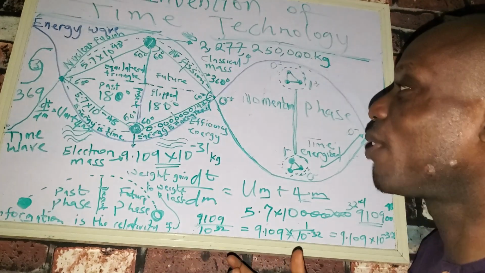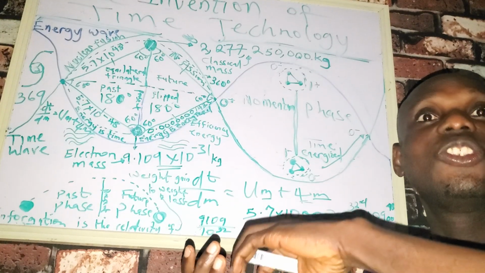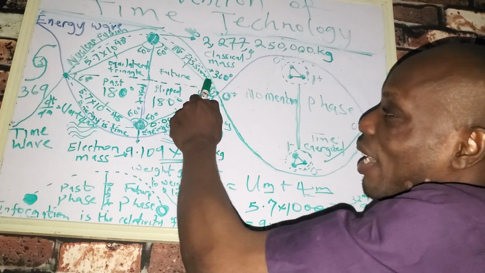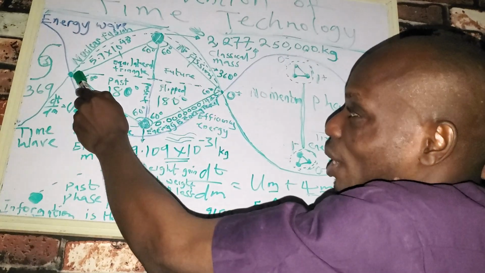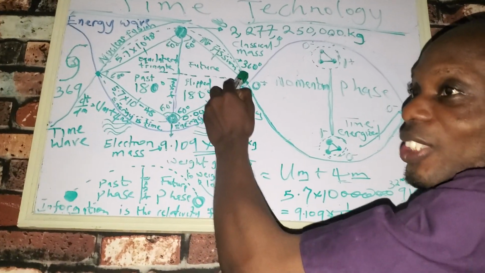And in the process of that, we will have a constant, which is uniform momentum. So we're going to have uniform momentum here as we have uniform momentum here. But here we apply brake, while we apply accelerator here.